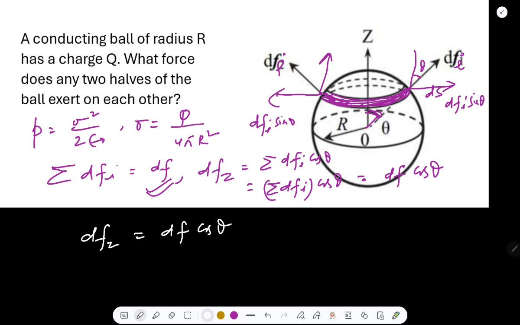Now I am willing to find out the surface area of this elementary ring.